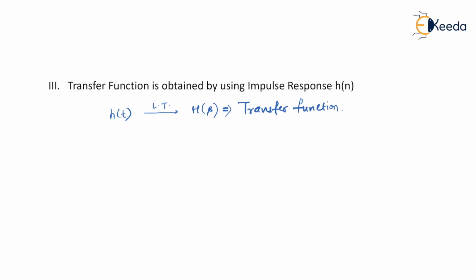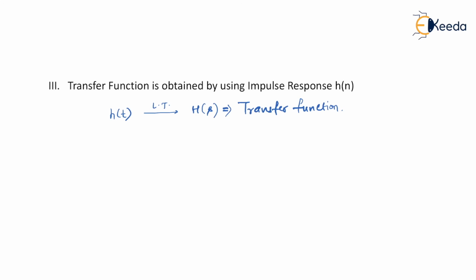And using those transfer functions, let's say the transfer function of a closed loop control system, you can determine the closed loop pole locations, and from that you can identify whether the system is stable or unstable. Also you can characterize the system. I mean, you can find limitations on the gain of the system for which the system will be stable by using many tools like the root locus. But for that you must have a transfer function, and it is basically obtained by taking the Laplace transform of h of t only.